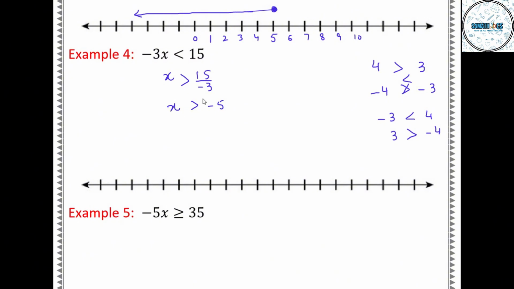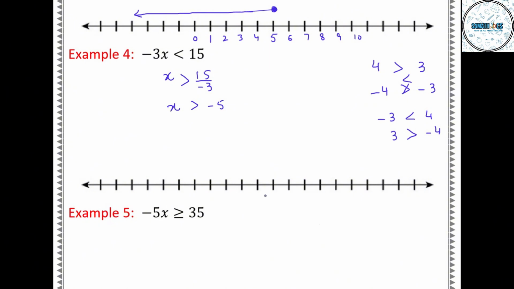So that's why whenever we divide or multiply by a negative number, the sign of inequality is to be changed. So you see the sign in the starting was less than. Now it is greater than because in this step we have divided it by minus 3.